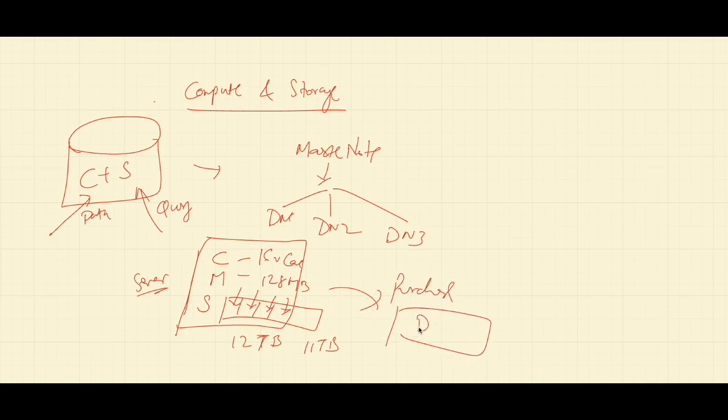And when you purchase another data node, you could not just purchase the hard disk of 12 TB. It came along with the compute and memory. So unnecessarily, you are spending money on compute and memory. Same was the case for compute also. Let's say you want 32 vcores. Again, you had to purchase a data node which came with storage also. So with tightly coupled storage and compute, you cannot do independent scaling.